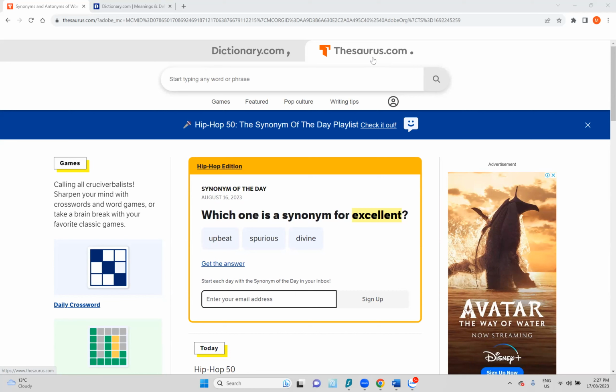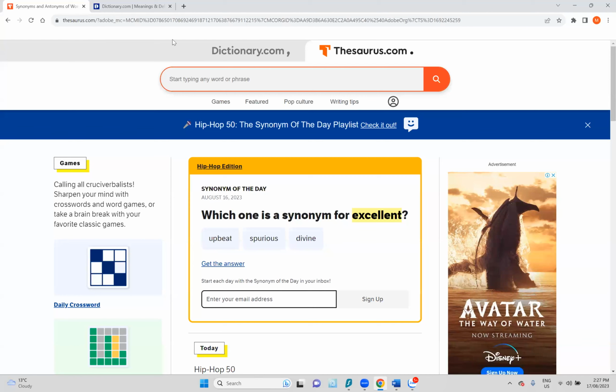The reason being is that when you use a thesaurus, you get a great list of words that you could use instead of a less formal word. But each of those words has a slightly different meaning. And that slightly different meaning can change the meaning of the whole sentence that it's included in.